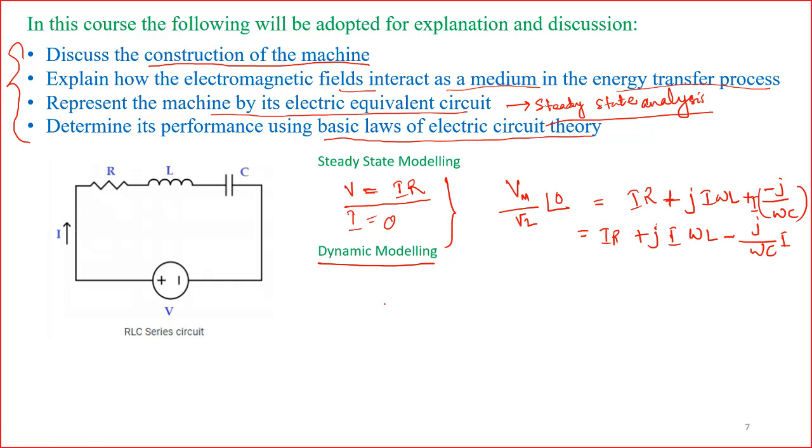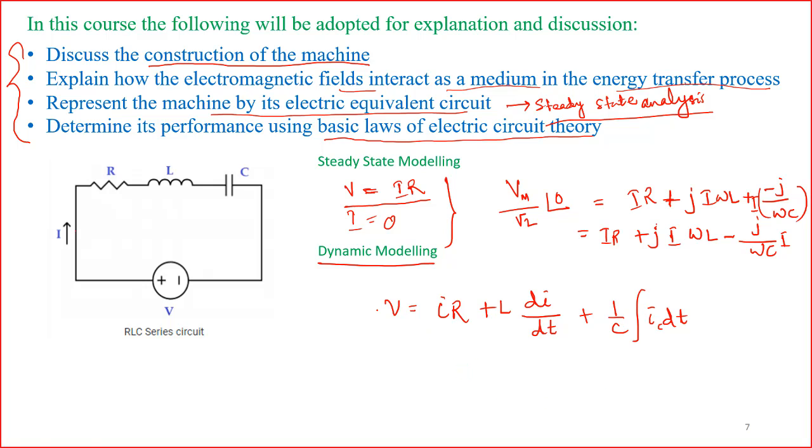Under dynamic modeling, how will this equation look? I can write it as V equal to iR, where i is the instantaneous value, plus L di by dt, and then across C the voltage will be Vc, which is nothing but 1 by C integral of i dt.